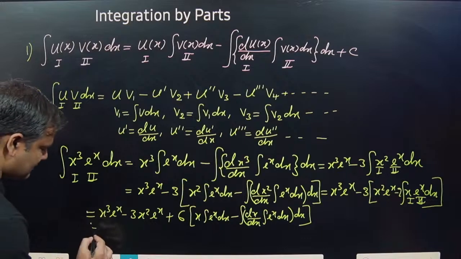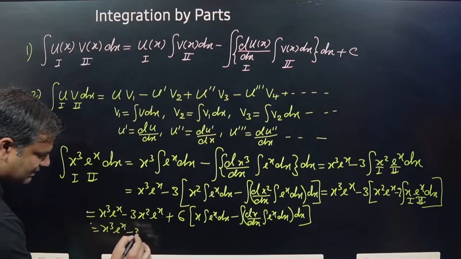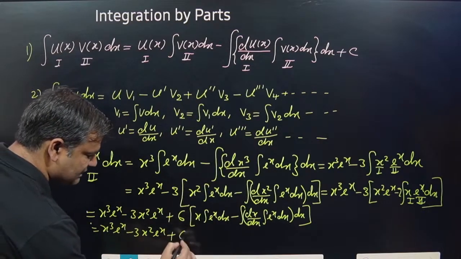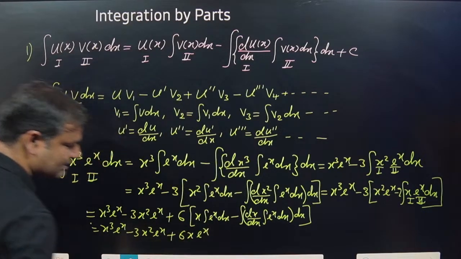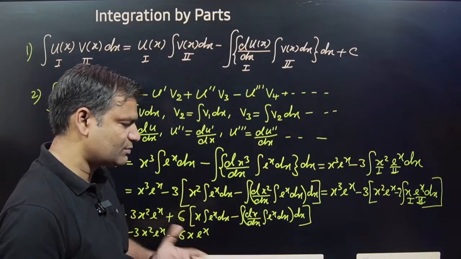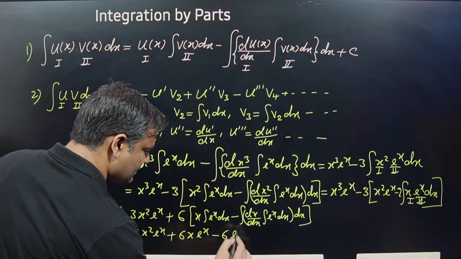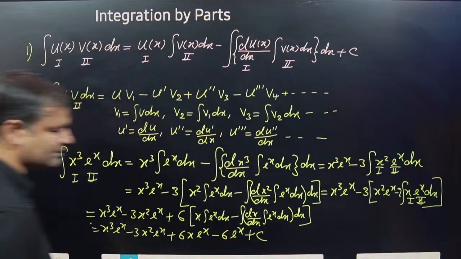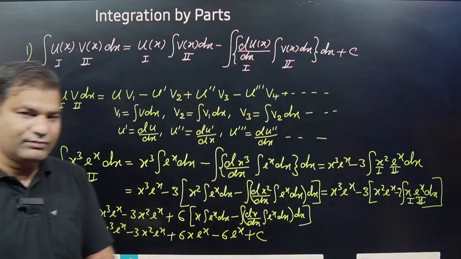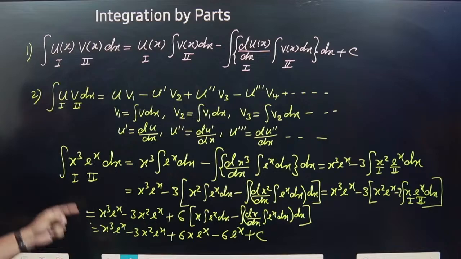So finally it is written x cube into e to power x minus 3x square into e to power x plus 6x into e to power x. And what about that value? Here 1 into integration of e to power x. So finally minus 6 into e to power x plus c is the right answer. So basically we got the answer according to the first method.